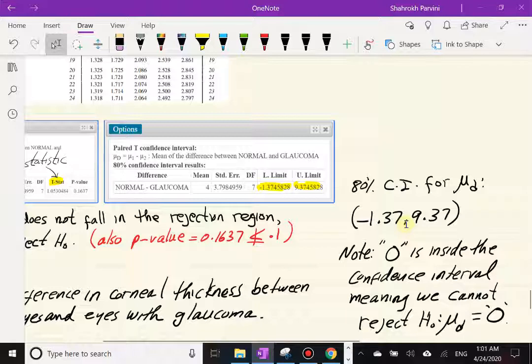Usually you can test hypotheses using confidence intervals, and of course it requires that you have a two-tailed test of hypothesis, by the way, because of that alpha over 2 business that we do with the confidence interval. I don't have a two-tailed test of hypothesis in this exercise, but it's interesting. Even with that, 0 is inside this interval, so I cannot reject the average difference being 0. But again, I emphasize that the alternative should have been not equal to, and ours wasn't.